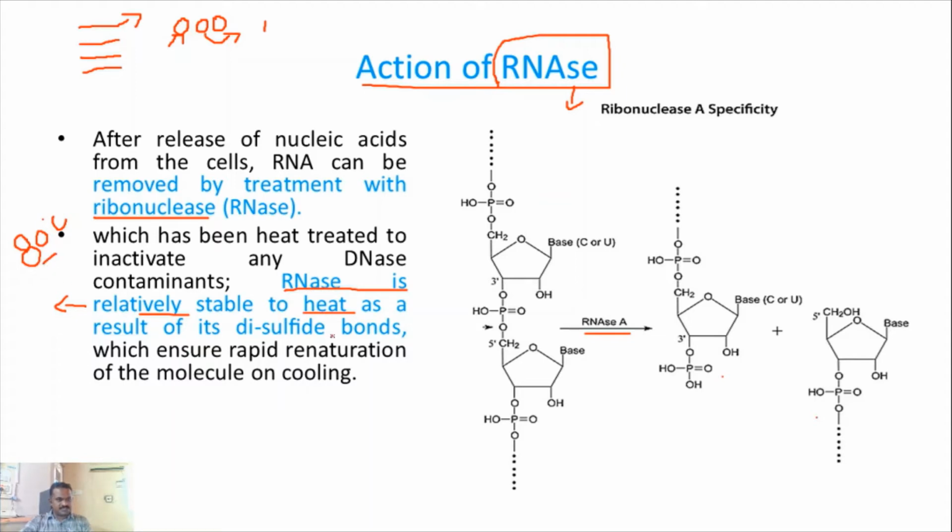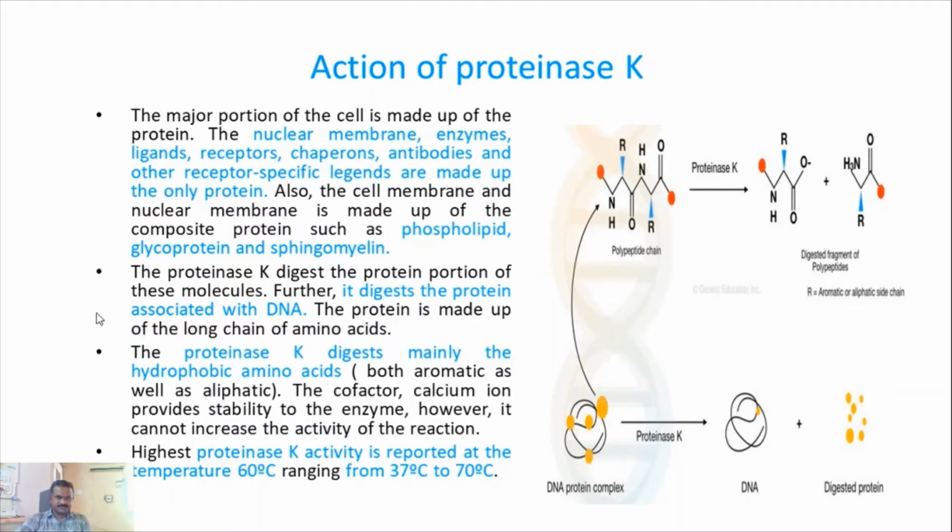How is it stable? The RNase contains a number of disulfide bonds, which provide stability to resist heat. Yes, this is a very important step. This is the only way to remove the RNA. All the mRNAs, tRNAs and rRNAs are removed by the ribonuclease enzyme.